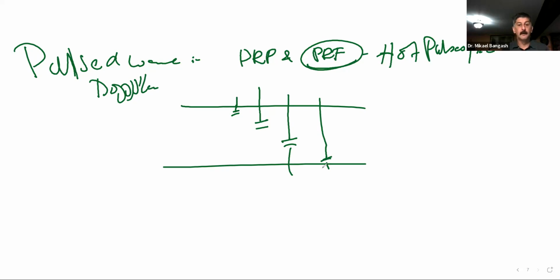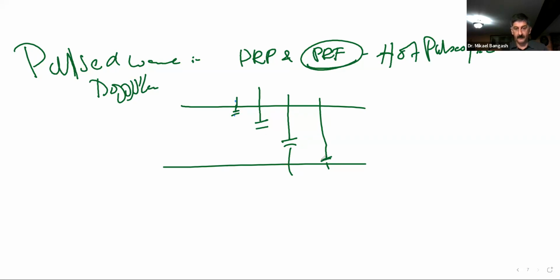But we also said that the depth at which we kept the sample gate would determine the time that it would take the pulse to travel to the gate and come back, travel to the gate and come back.